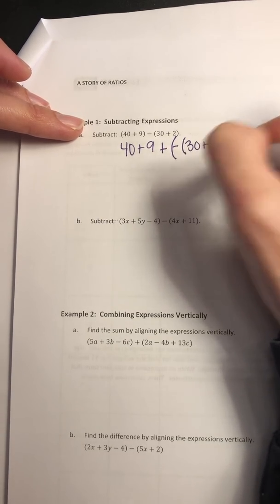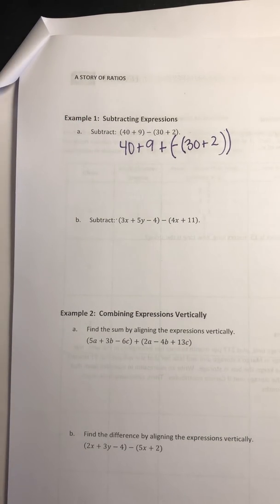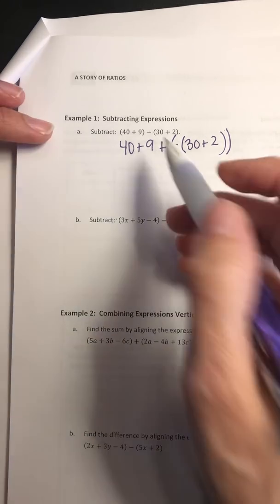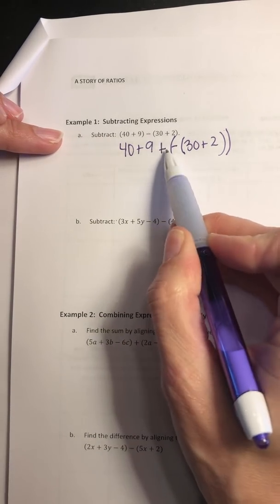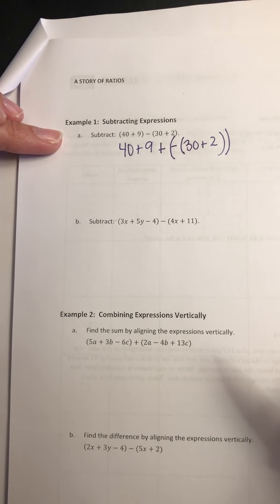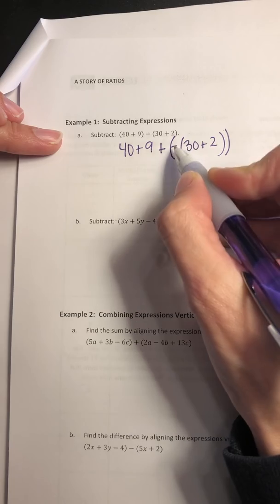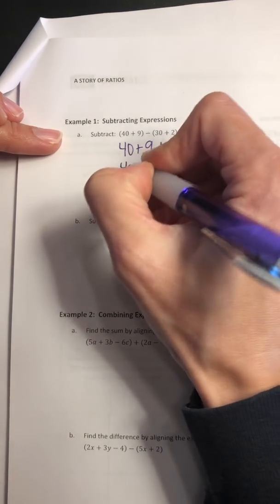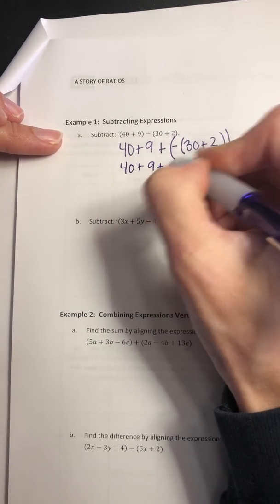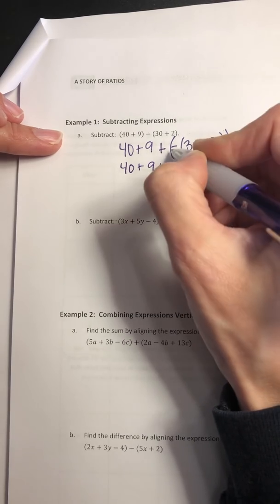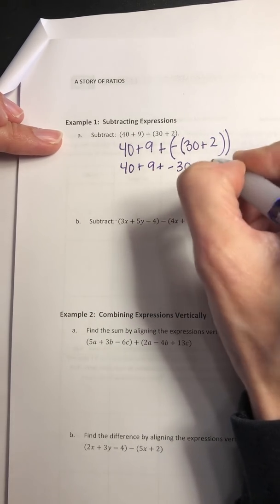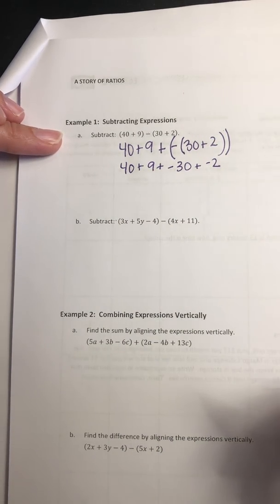I'll put another set of parentheses there to just make sure it's clear. So we just use our additive inverse property to see it differently. So what is the opposite of 30 and the opposite of 2? Our next line would look like this. The opposite of 30 is negative 30. The opposite of 2 is negative 2.